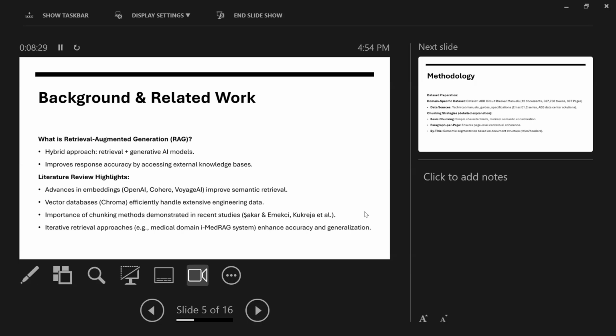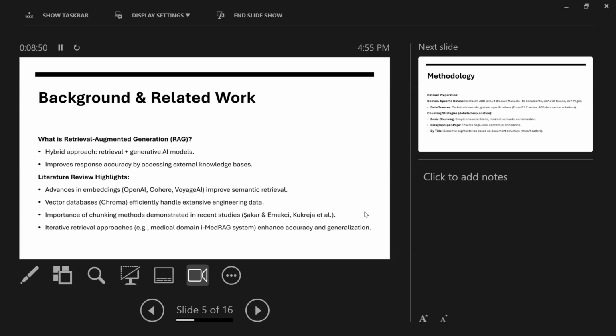It's much more suited for technical tasks and technical documentations, as we have a lot of PDFs and CSVs and other files that we need to integrate together. And important chunking methods, which were demonstrated in studies such as Sakar and MSc and Cohere et al. And others.